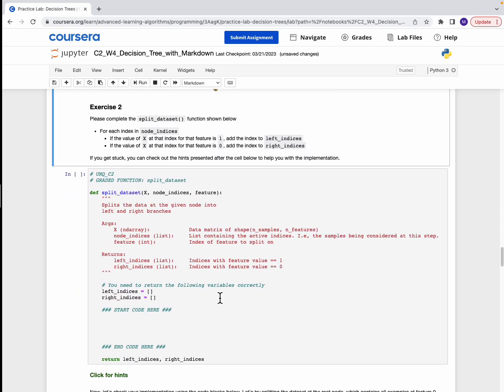Split dataset. We have X, an array, and node indices, and the feature. And we want to return left indices and right indices.